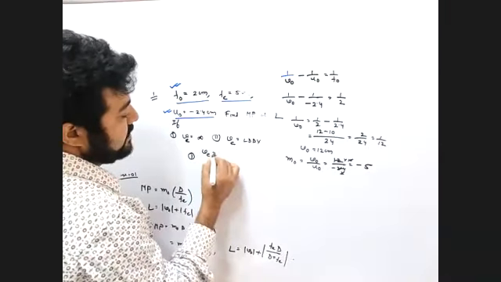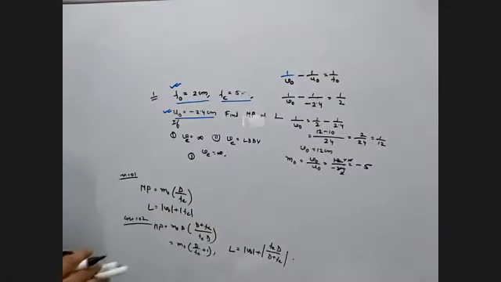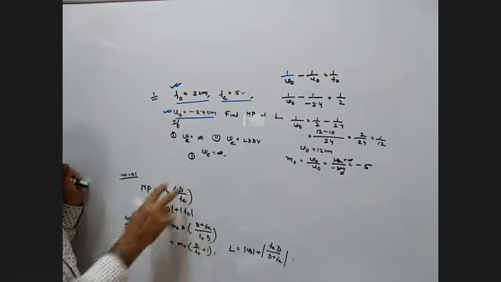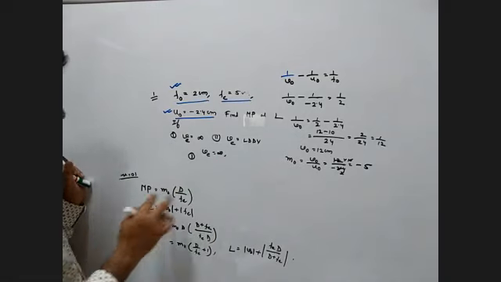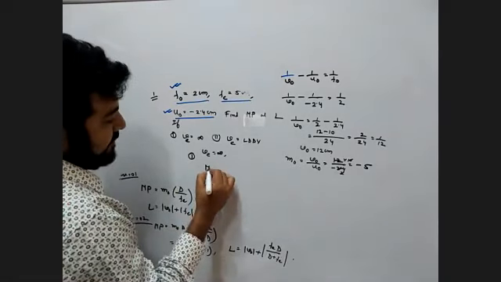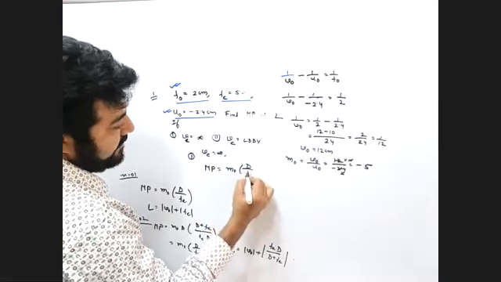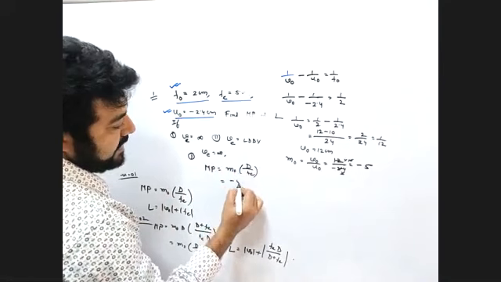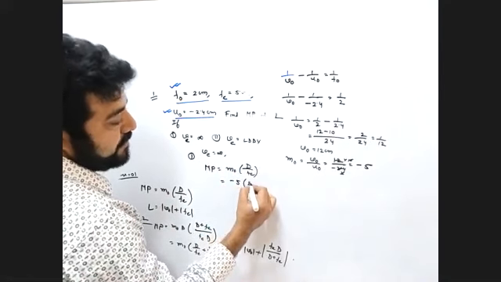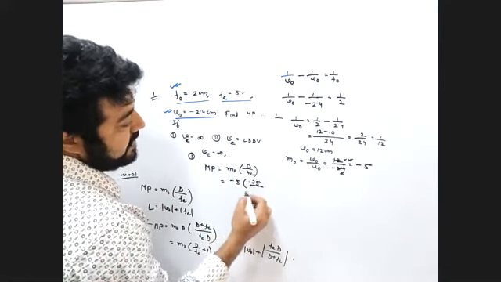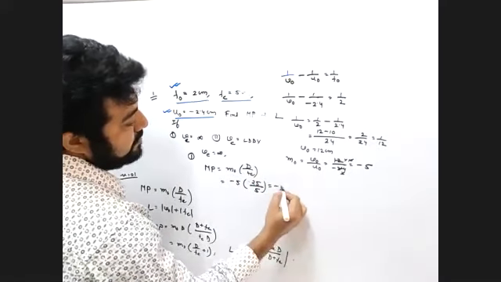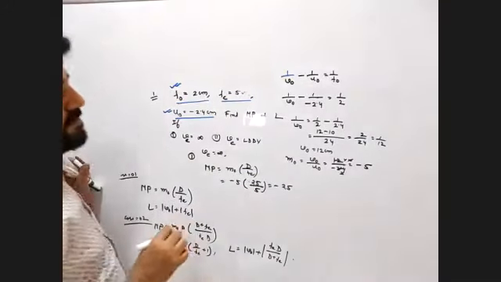The image is at infinity, which is the far point. So we can use magnifying power m naught d by fe. m naught is minus 5, d is 25 centimeter, and fe is 5. So minus 40 magnifying power.